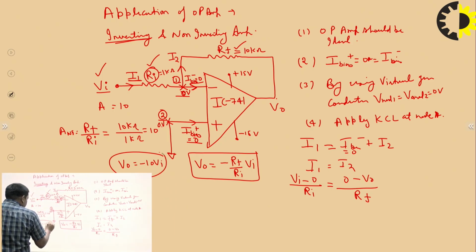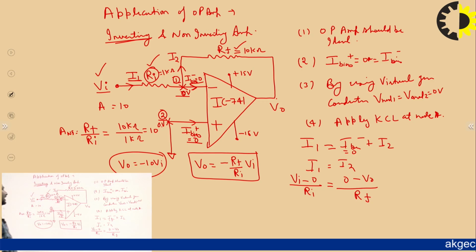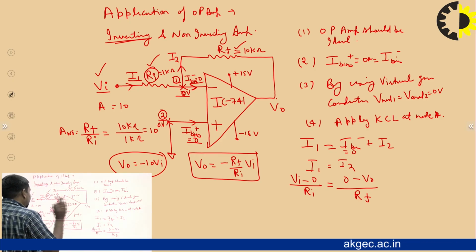By using suitable feedback and input resistances, we can easily design an inverting amplifier with an arbitrary gain.